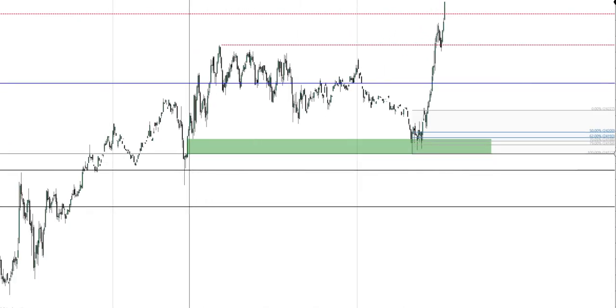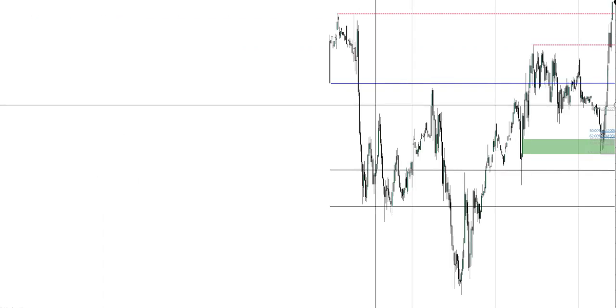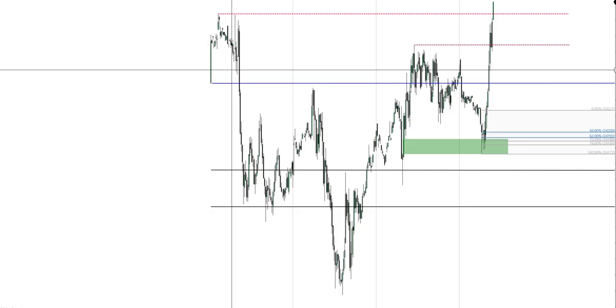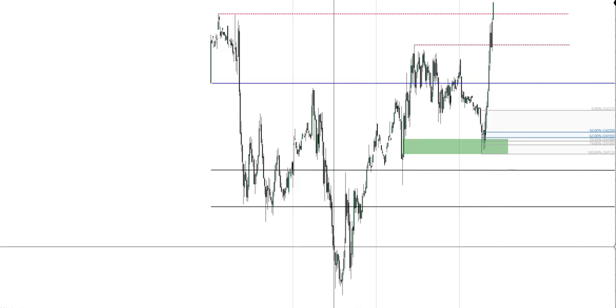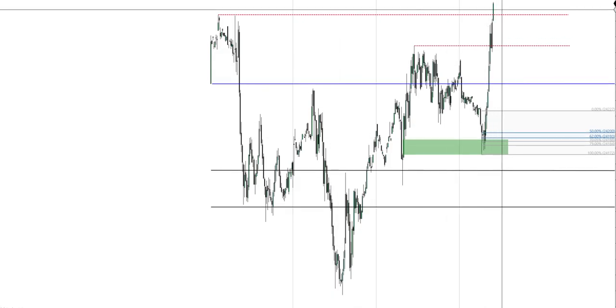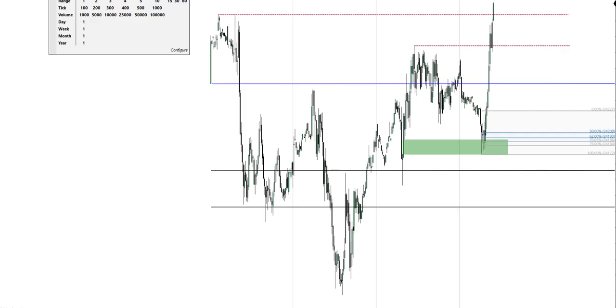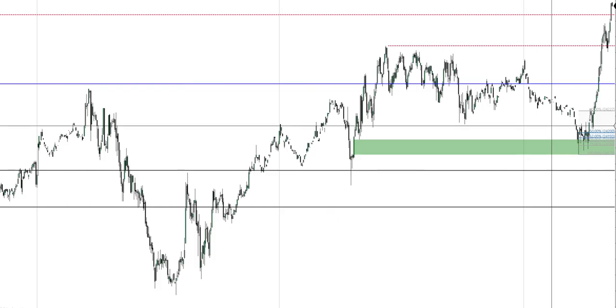Here, however, we had a 15-minute fair value gap here, and if you look into here, we had consolidation, manipulation, displacement, retracement, continuation. So I was looking for the continuation. That's the 5.